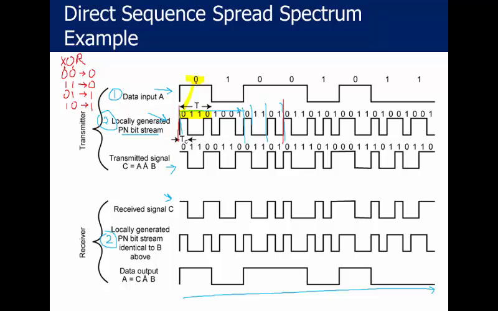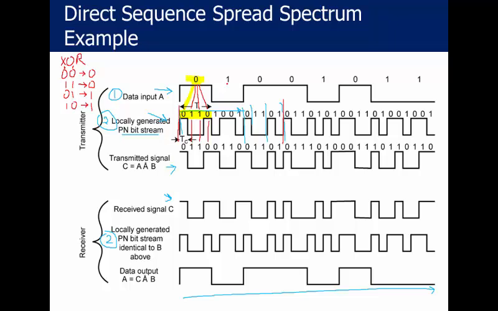So if you see here, 0 and 0, they are the same, it returns 0. If we have 0 and 1, it returns 1 because they are different. 0 and 1, they are different, it returns 1. 0 and 0, it returns 0.